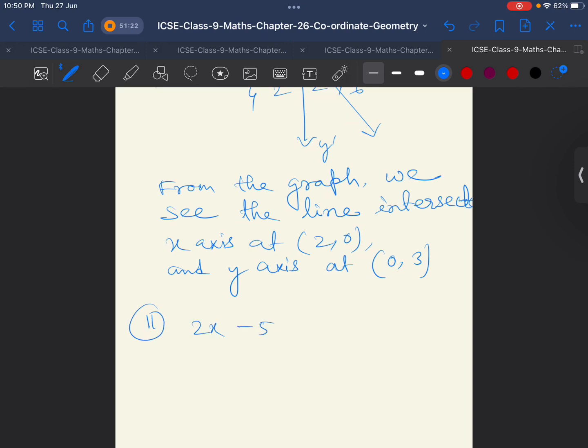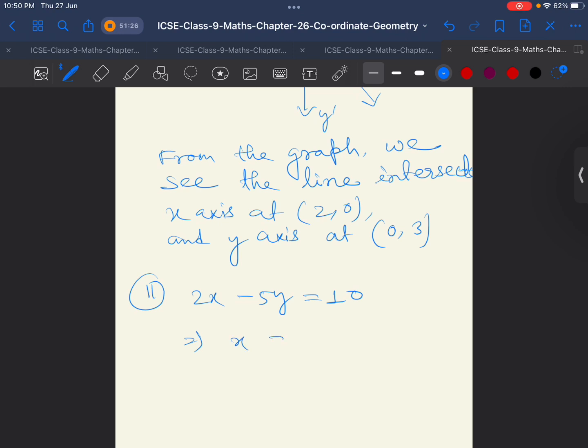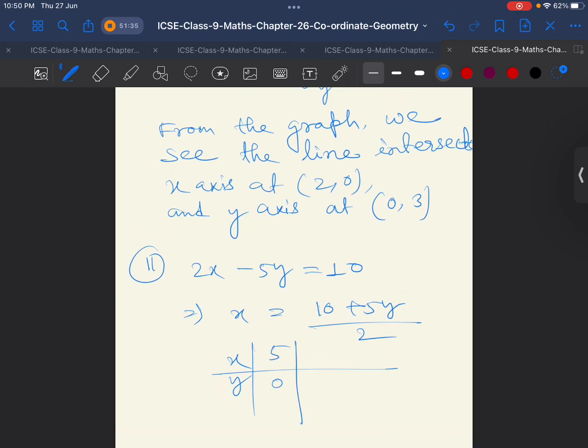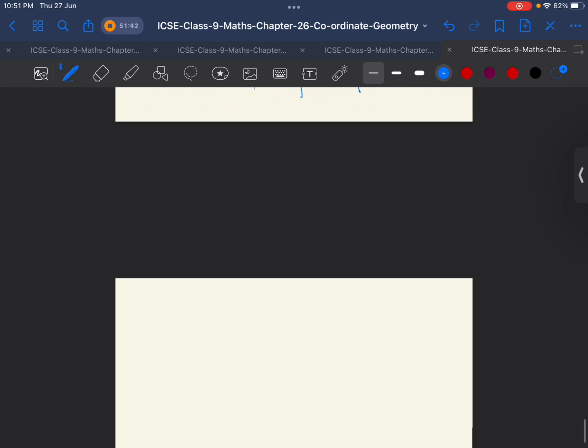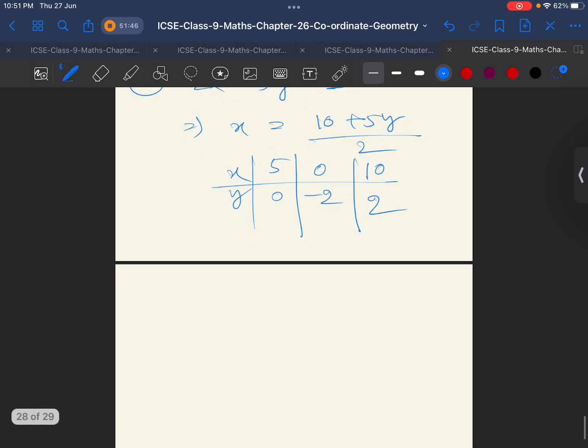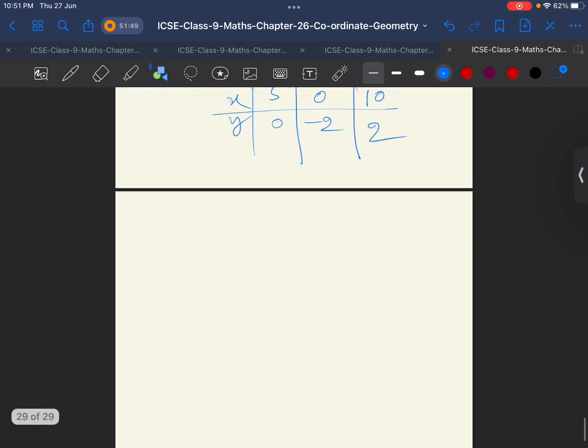Now second question, 2x - 5y = 10. So this implies x = (10 + 5y)/2. The table is here. When y = 0, x = 5; y = -2, x = 0; y = 2, x = 10. Okay, so now we draw a graph.